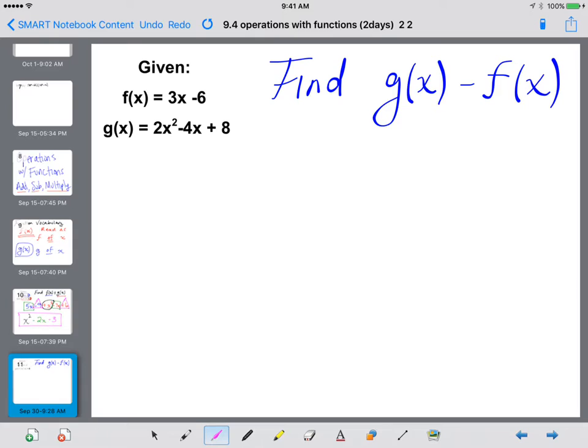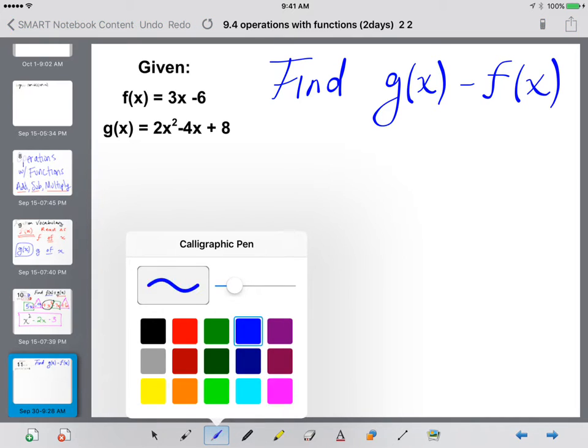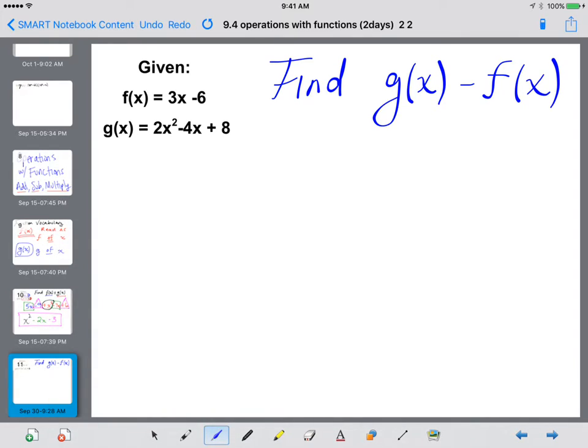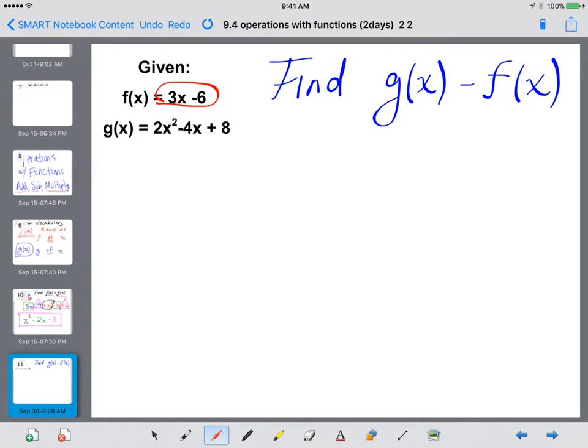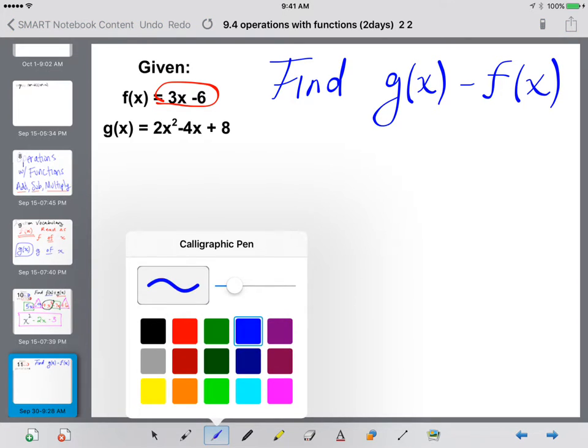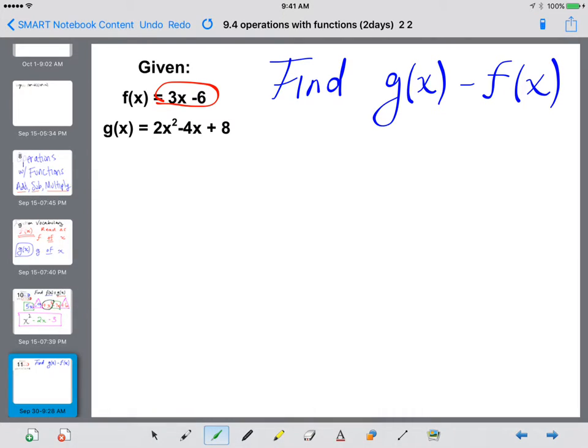Addition was fairly simple. With subtraction, it's not as easy, but it is. There's one little wrinkle that you're going to see with subtraction. So we have g of x minus f of x, where f of x is 3x minus 6, and g of x is 2x squared minus 4x plus 8.